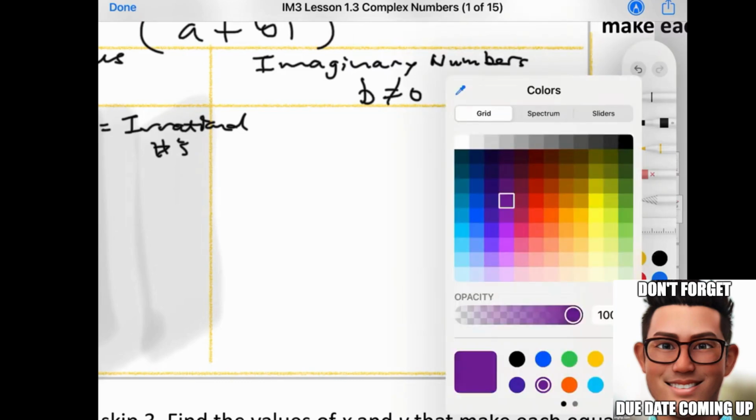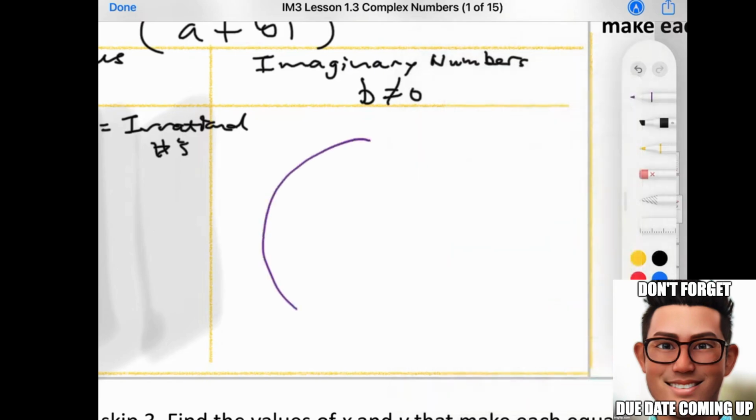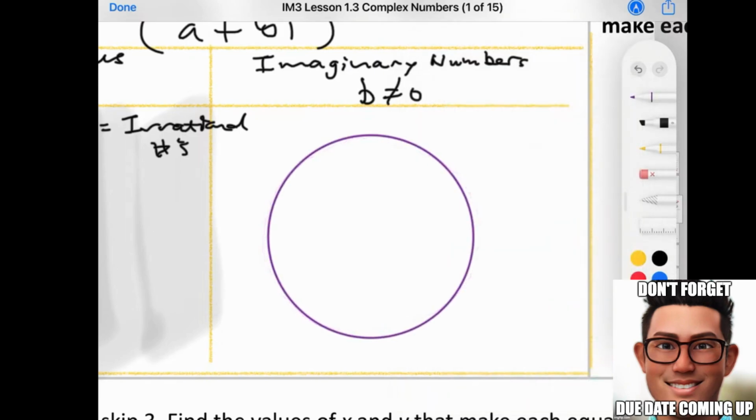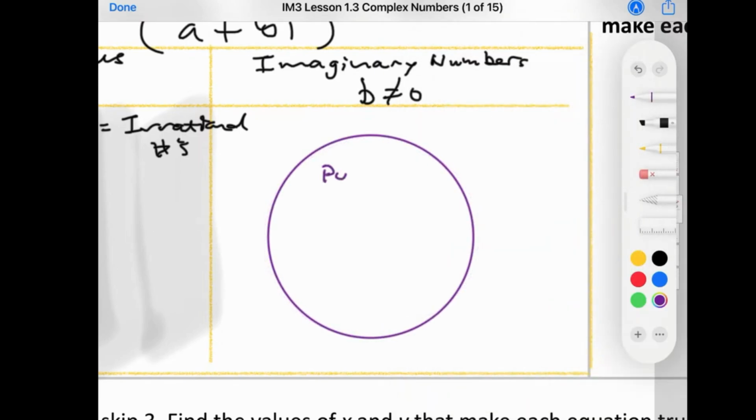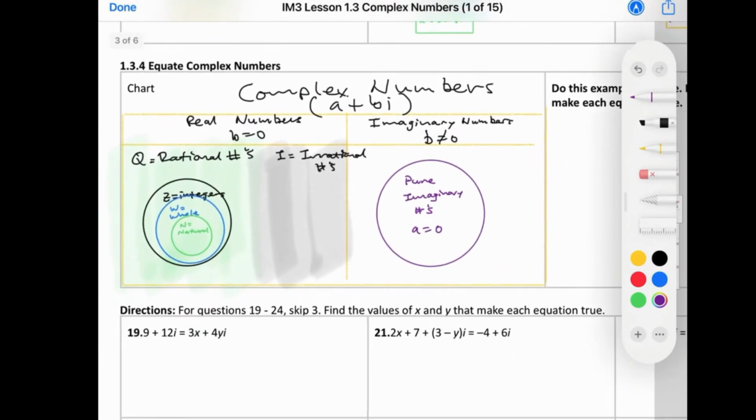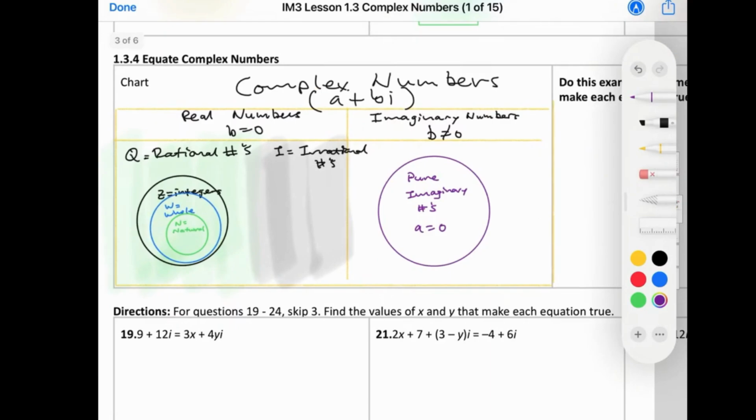Let's use a different color. Then you have what we talked about, called pure imaginary numbers, when a is equal to 0. Okay, so that's just a little bit about complex numbers.